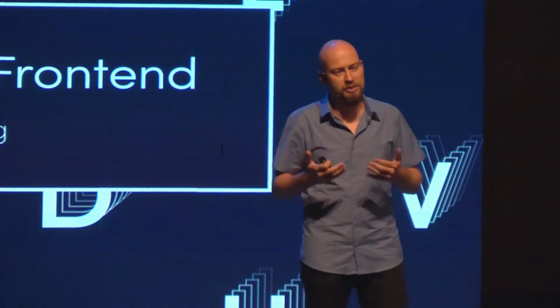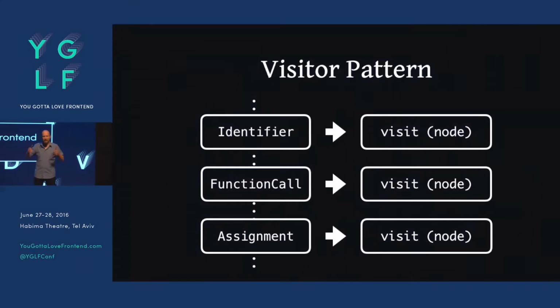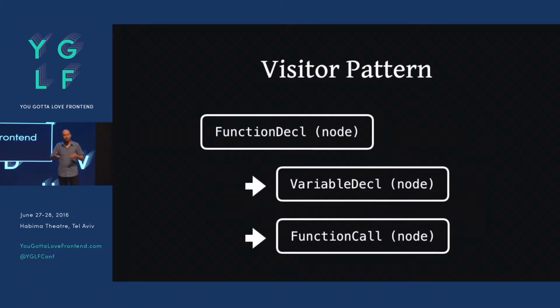And the second part of a visitor is the actual visit function, which gets this original node and performs the actual transformation. And you can stack up visitors one on top of each other. Mostly you can even run them in parallel, independently from each other. And you can also nest them. So you can create a visitor which in its visit function actually runs other visitors on its subtree.